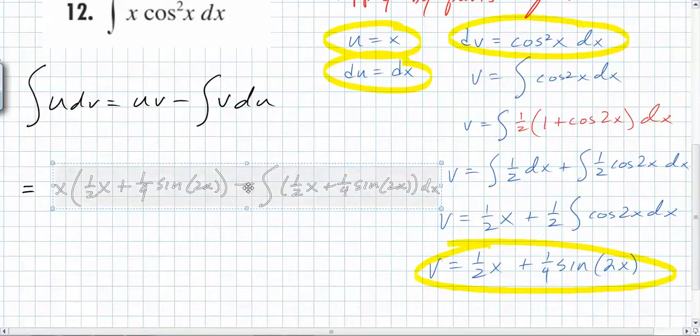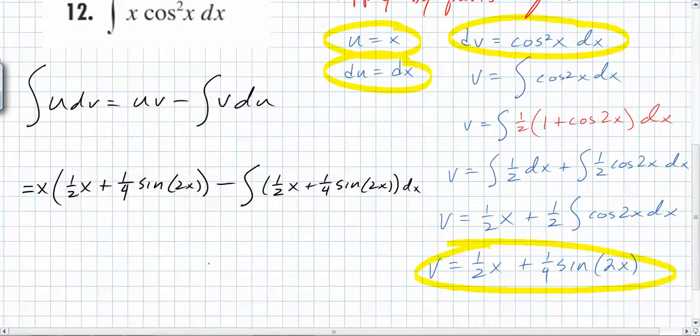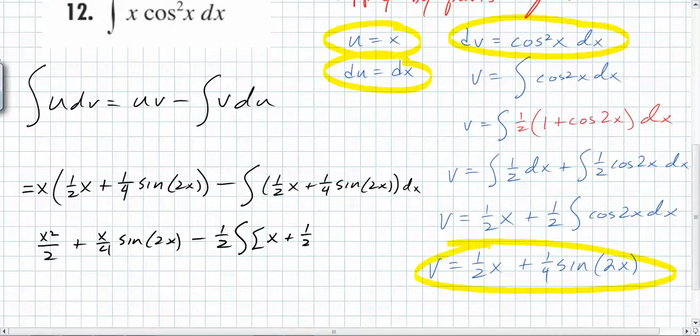Which is not bad. It could be a lot worse, is what we're saying, I guess. Relatively pretty. Yeah. So we have x squared over 2 plus x over 4 sine of 2x minus 1/2 times the integral of x plus 1/2 sine of 2x dx.